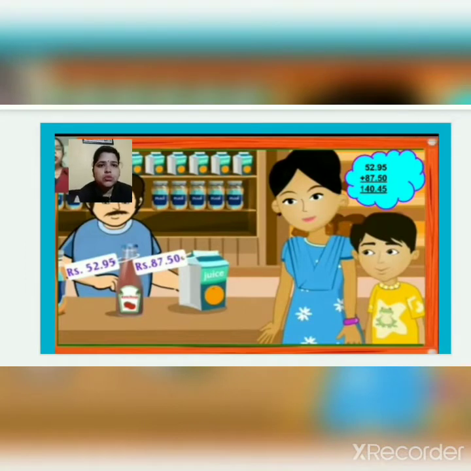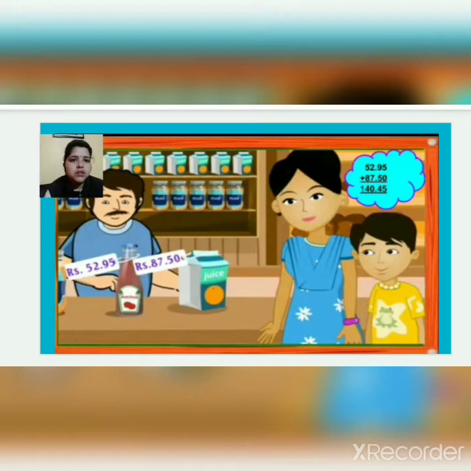Today we are going to cover a topic related to addition, how to add decimal numbers. A mother and a boy visit a shopkeeper's shop. What do they purchase? As you can observe in the picture, they purchase a bottle of sauce and a can of juice.